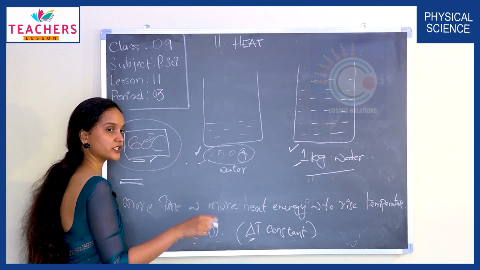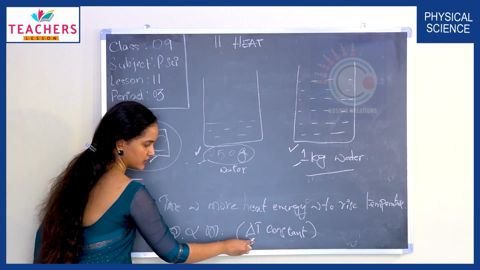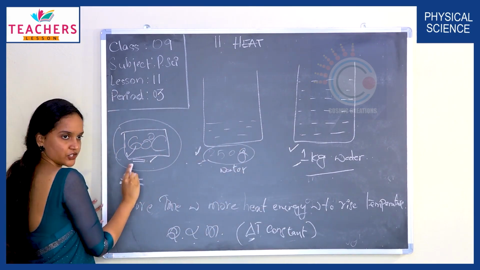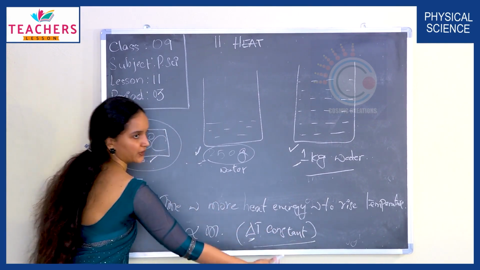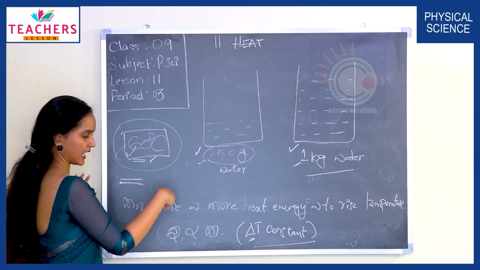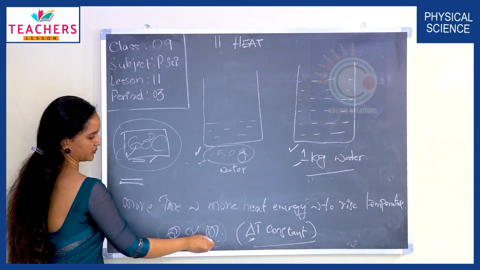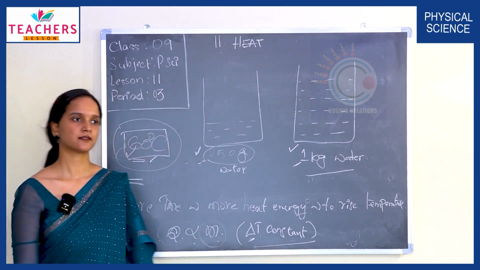Delta denotes change, change in T. T is temperature. The change in temperature is constant for both these cases, which is 60 degrees Celsius. So, delta T is constant. For the same rise of temperature, more heat is required as the mass increases. So, Q is directly proportional to M given delta T is constant.